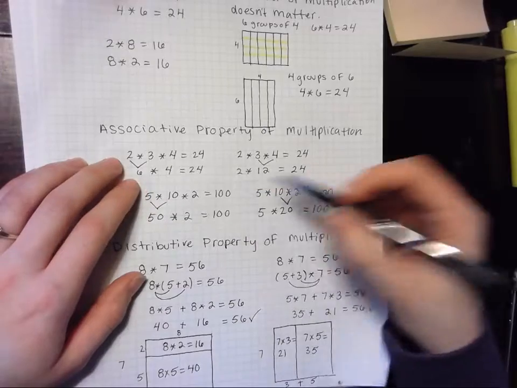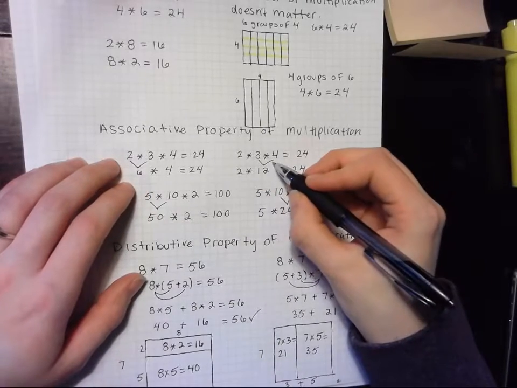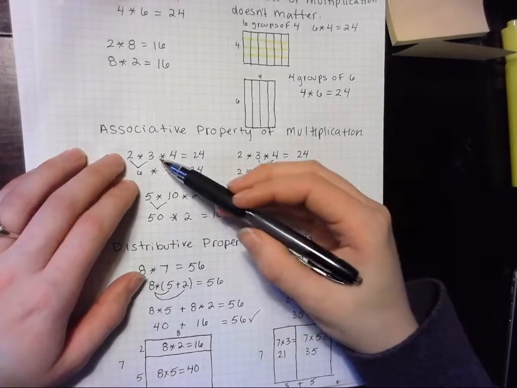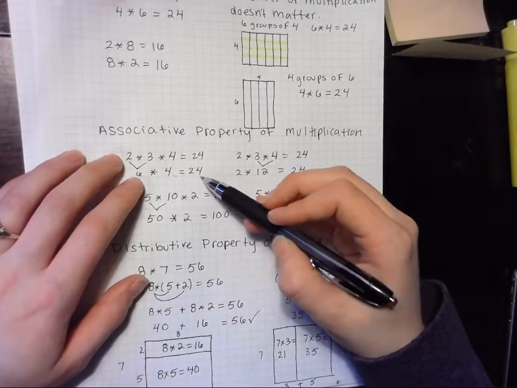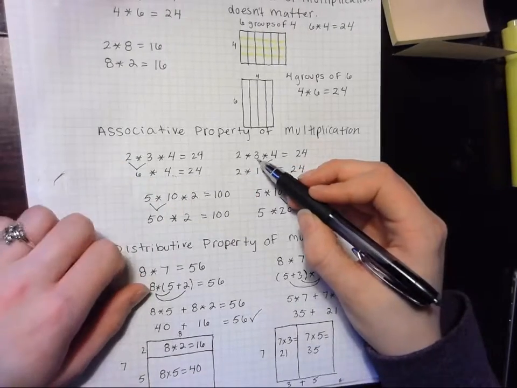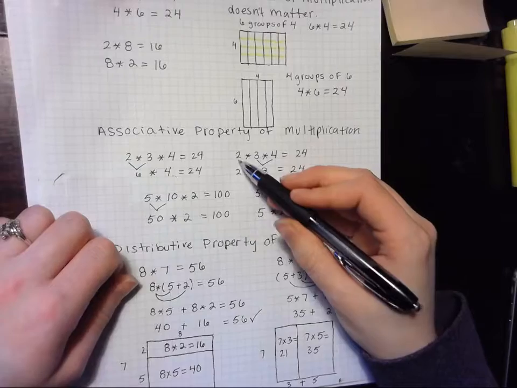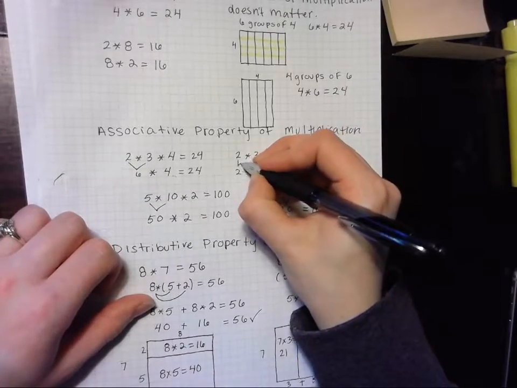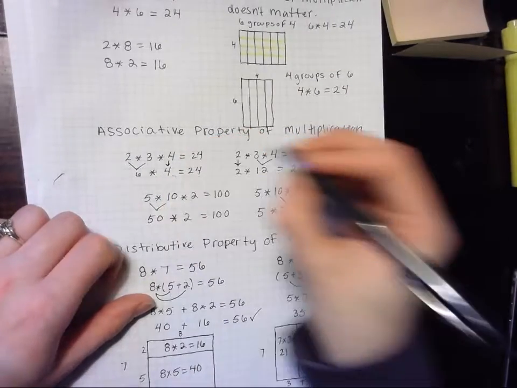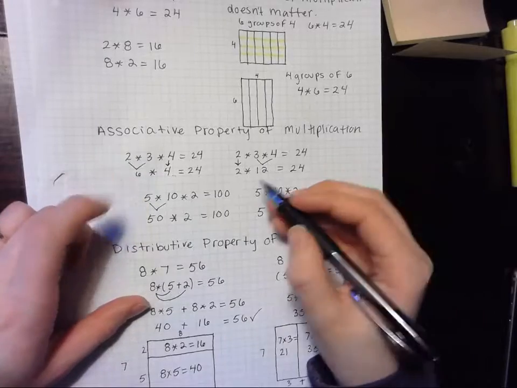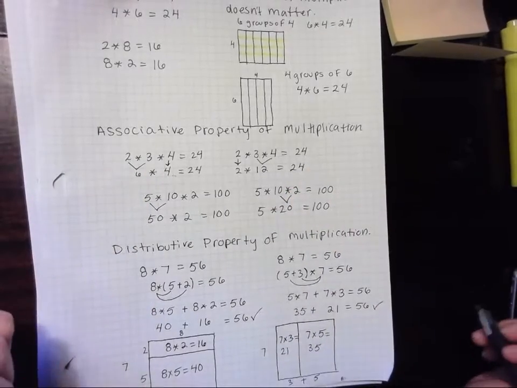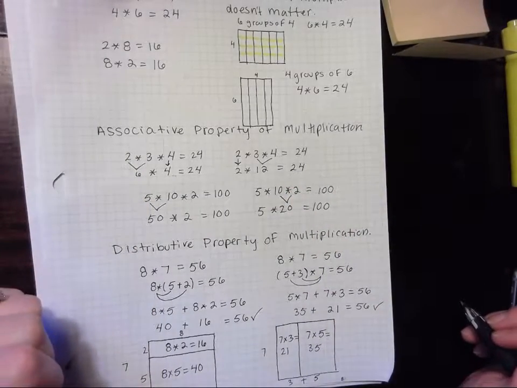And it doesn't have to be the first two. You could do it with the last two as well. So 2 times 3 is 6, times 4 is 24. 3 times 4 is 12, times that 2 that we brought down is still 24. 2 times 3 times 4, no matter what order you multiply it in, is still going to be 24.